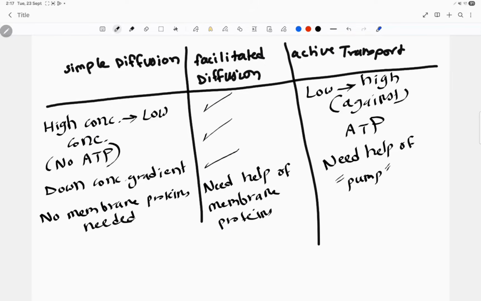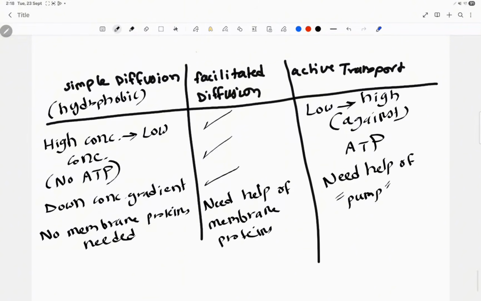So for simple diffusion, it's going to be essentially for hydrophobic things. But if it's facilitated, it's going to be for hydrophilic substances.